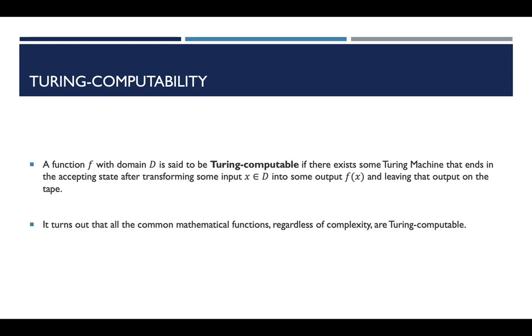And so it turns out that all of the common mathematical functions that you can think of, regardless of their complexity, regardless of the number of times they're nested in each other, regardless of if the numbers in the domain are transcendentals that have an infinite number of decimal places, all of that is not relevant. All of these things are actually Turing computable.